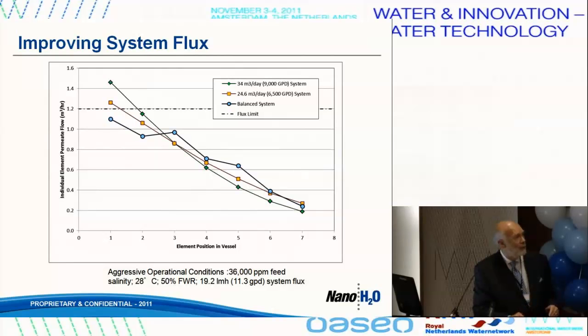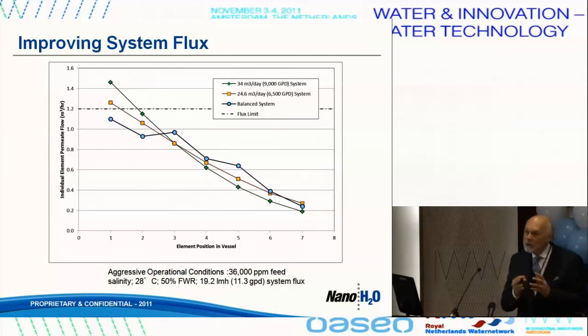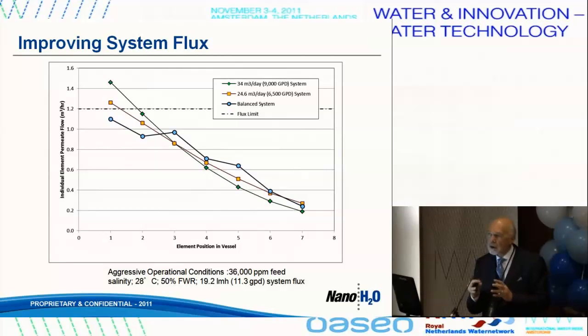This is a very aggressive way of running a reverse osmosis system. No one would recommend this because your lead elements are running so hot. There's so much flux running through those lead elements that you're fouling those elements.